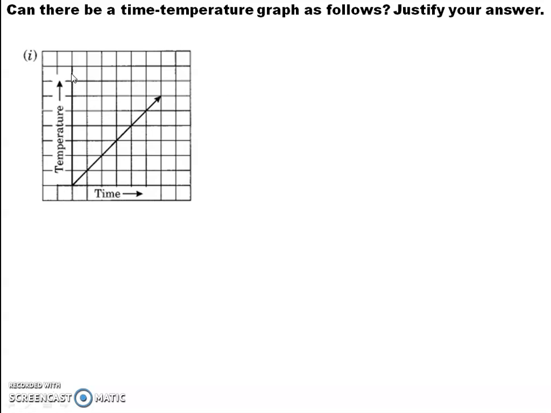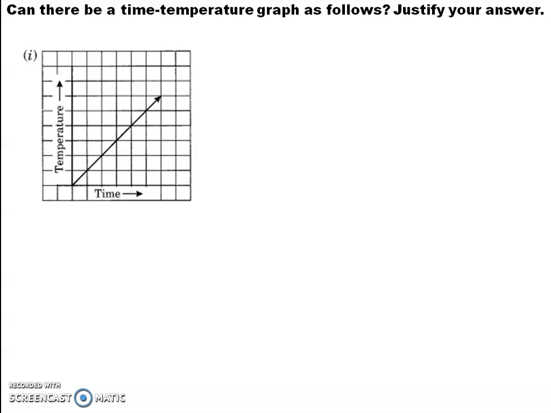Here temperature is depicted along the y-axis and time along the x-axis. Now without any values, how can you interpret this? This is a linear graph. That means when the time increases, the temperature also increases uniformly, at a constant rate.